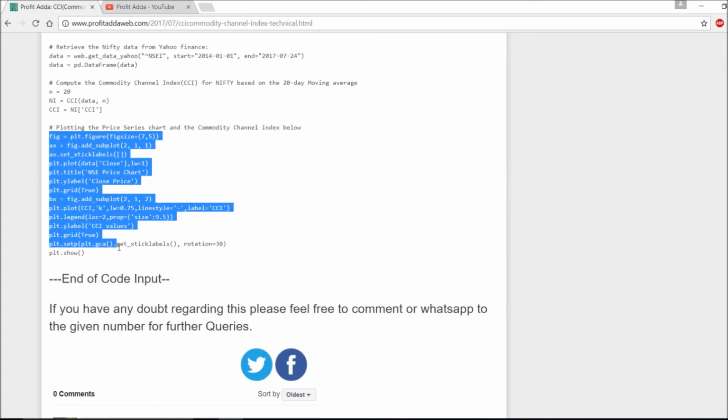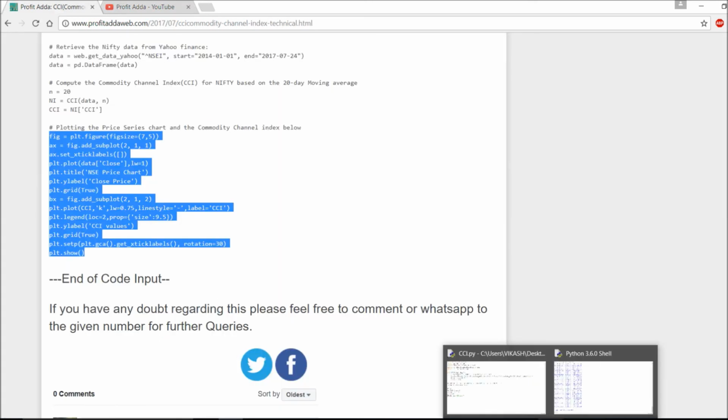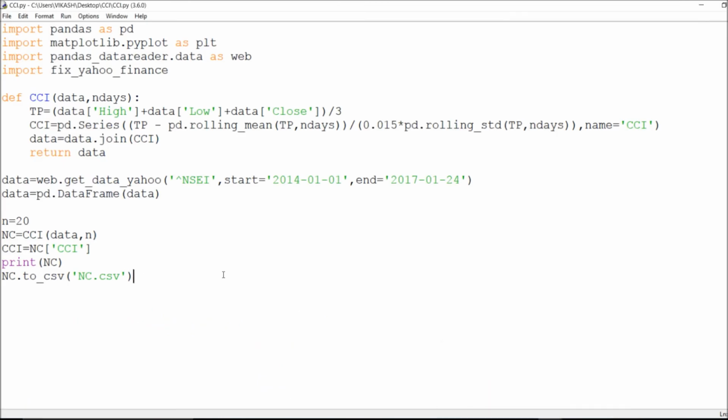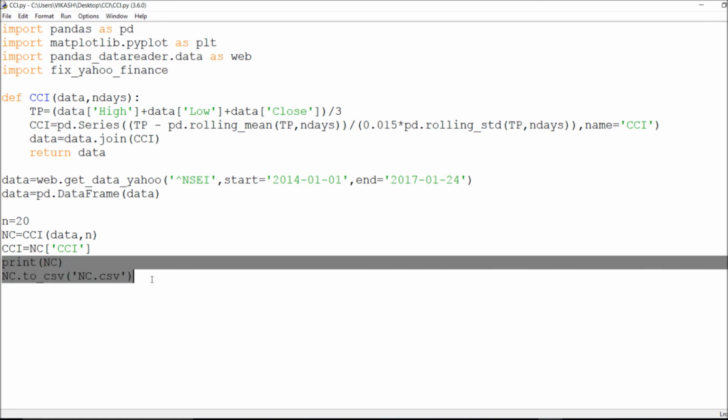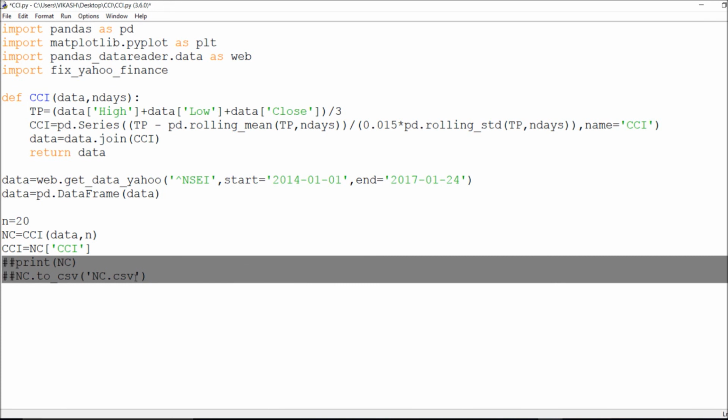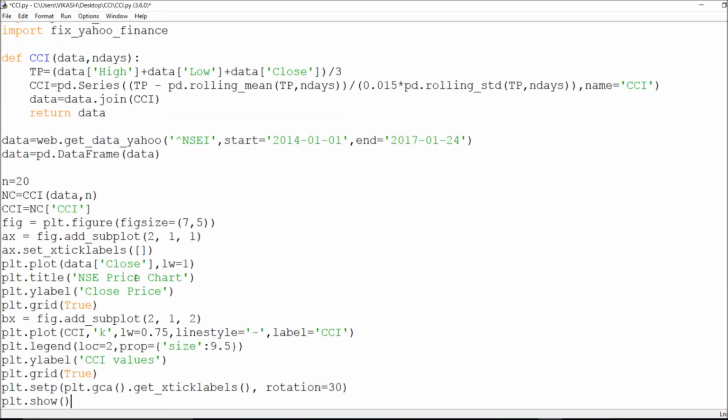Okay, so I will extract this data, and I'll comment out these two parts first, and then I will paste it here and run it.